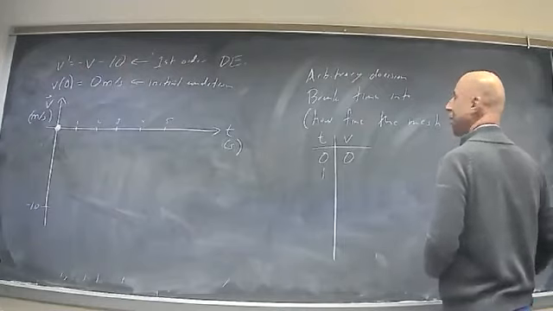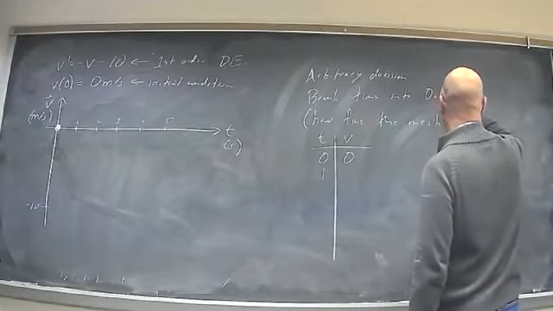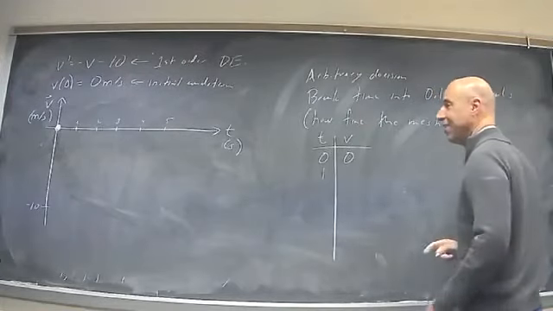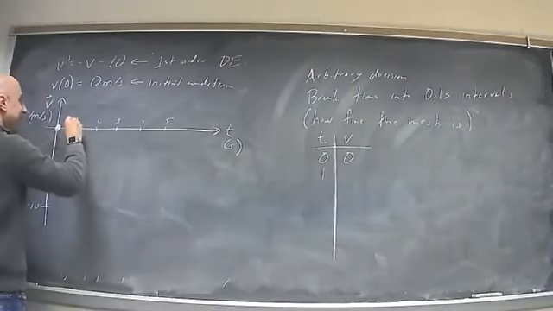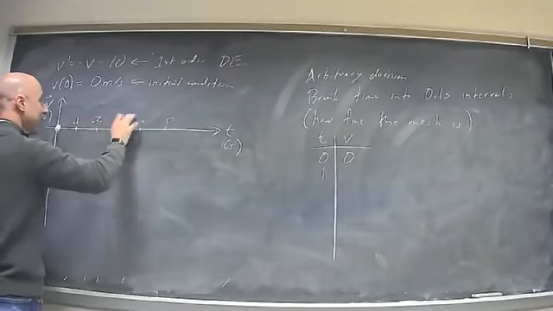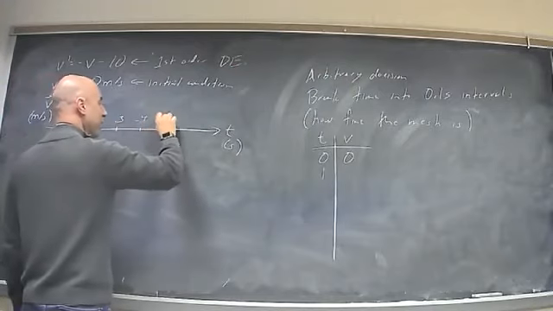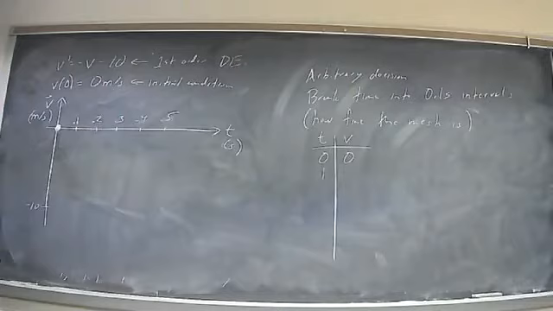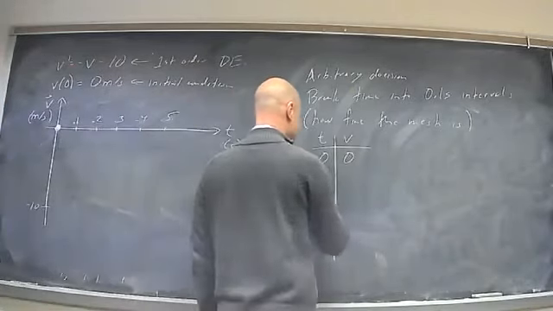I'm going to break time up into 1/10 second intervals. So this is 0.1, this is 0.2, 0.3, 0.4, 0.5. So at t equals 0.1, sorry about that.